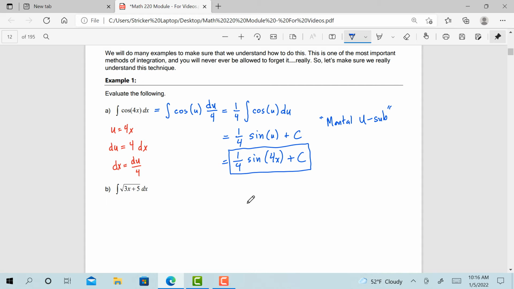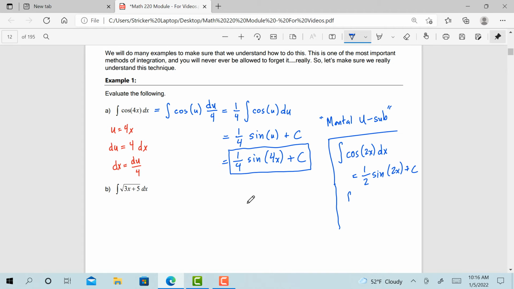So for example, if I had the same integral, but instead of cosine of 4x, it was the cosine of 2x dx, then this would be equal to 1/2 times the sine of 2x plus c.